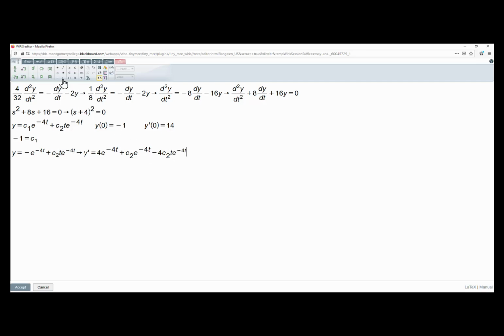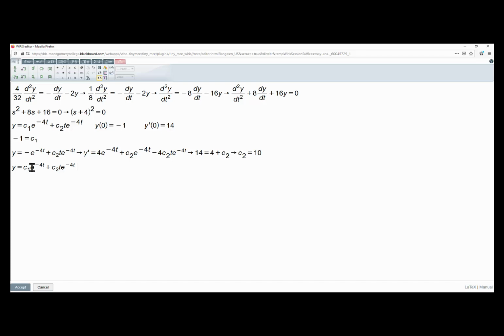Now if we use the other condition, y prime at 0 is 14, so 14 equals 4 plus c2, because this quantity becomes 1 and t is 0, so that term is out of the way. So c2 equals 10. So our y is how much?